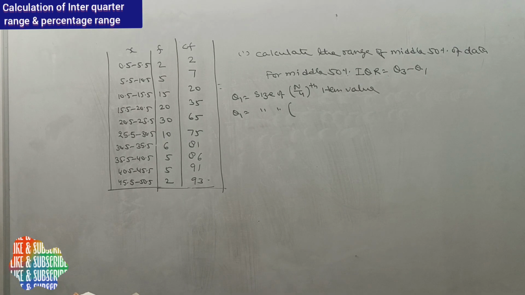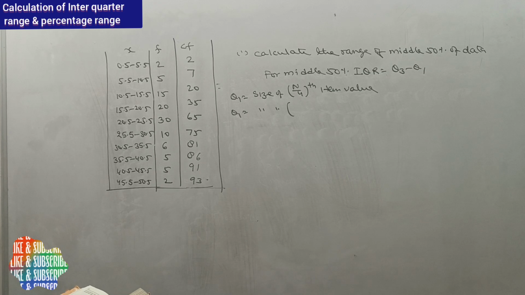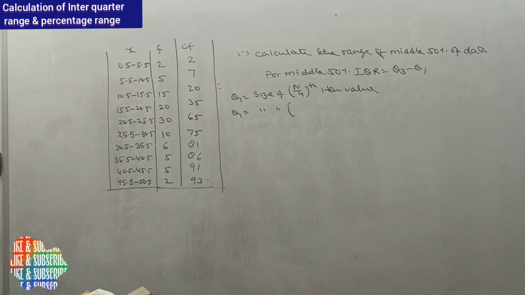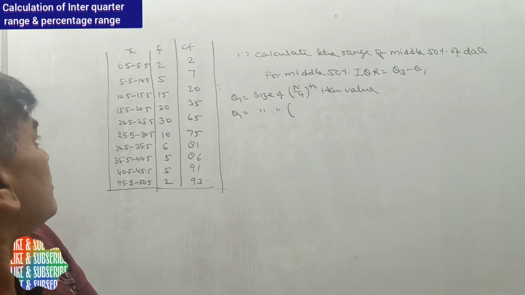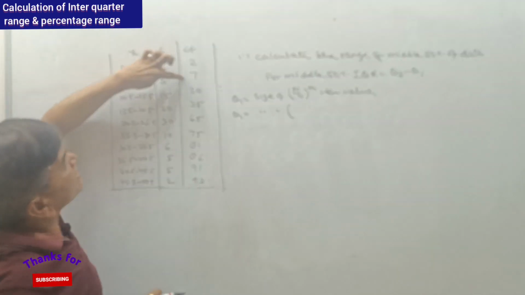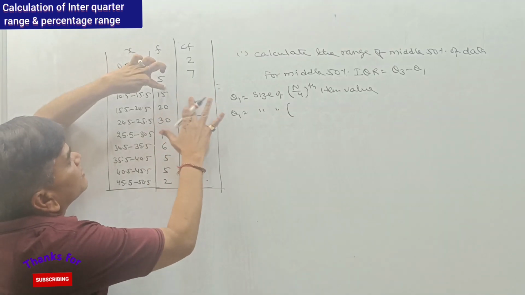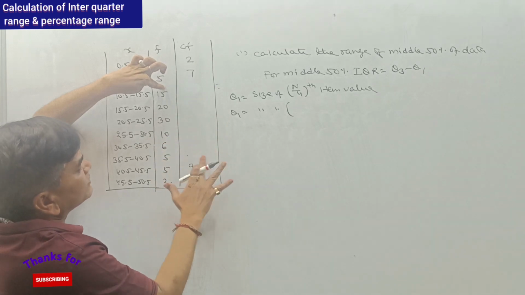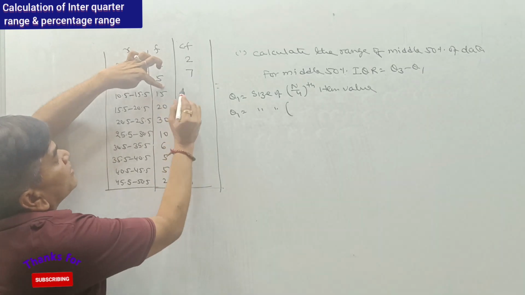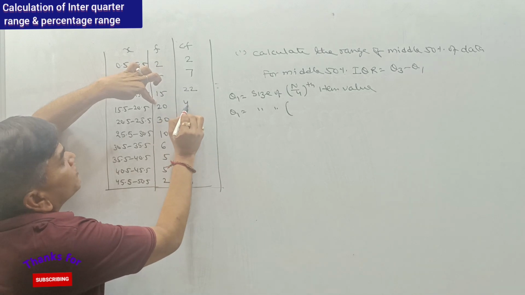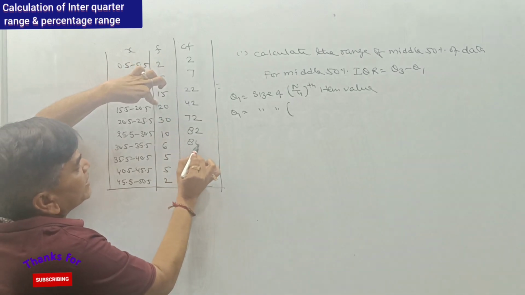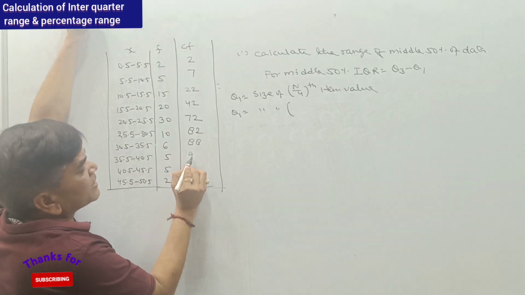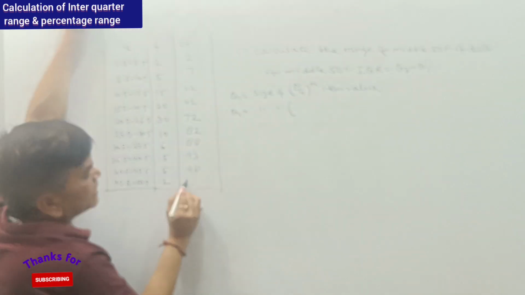The frequencies are 2, 5, 15, 20, 30, then 10, then 6, then 5, 5 and 2. Okay. So first 2, 7, and 15 makes 22. We made a mistake earlier. Then 22 and 20 is 42, then 72, then 82, then 88. Okay, 88 and 5 is 93, then 98 and then 100.